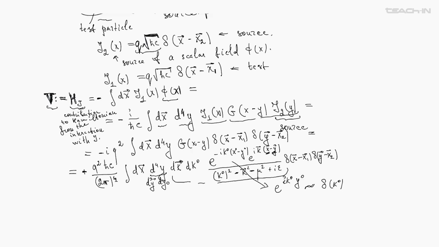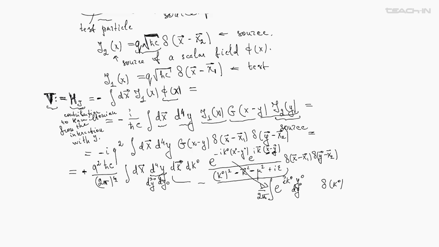So if you allow me, I will write it as 1 over 2 pi to be exact, and then this integral over dy0 will produce for you just a delta function of the variable k0.